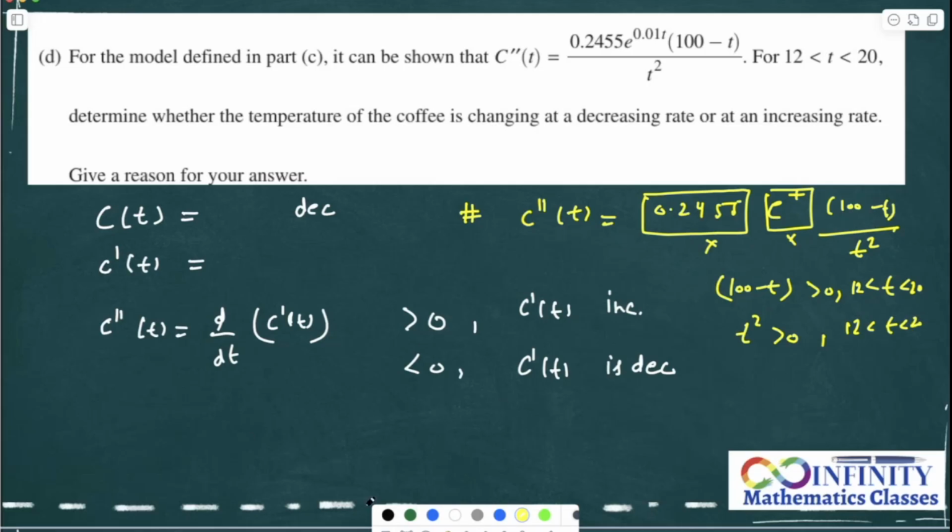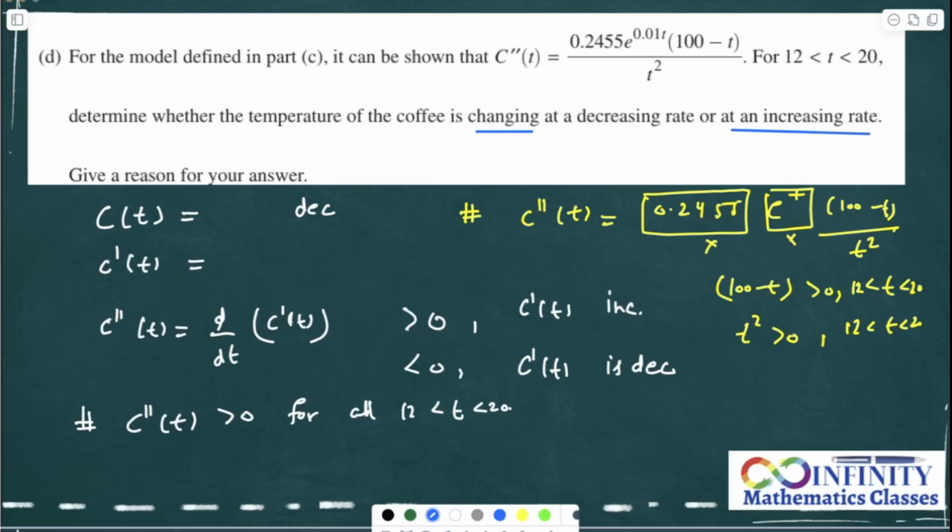That means for this particular double derivative, C double prime of t is greater than 0 for all time t from 12 to 20, and that means the rate of change is at an increasing rate. Did you get the task?